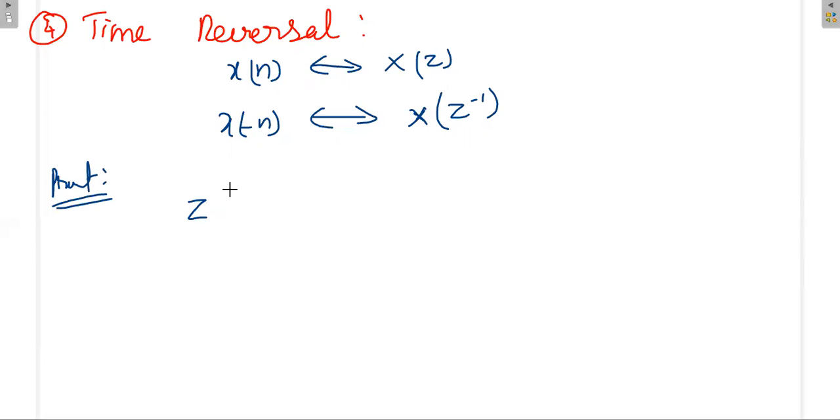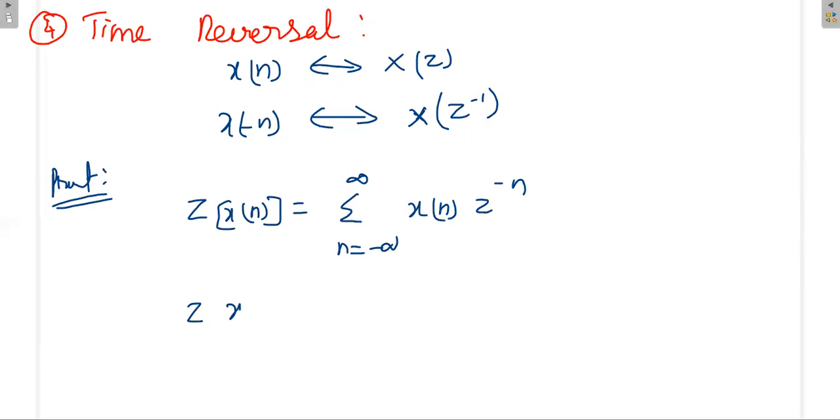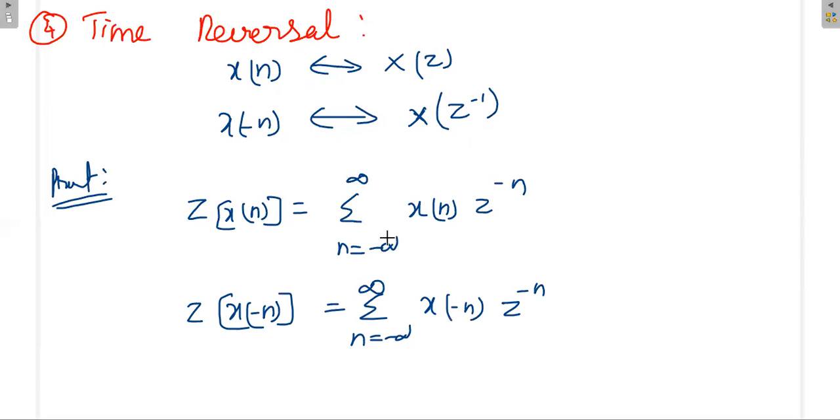The z transform of x of n is equal to summation n from minus infinity to plus infinite x of n z power minus n. Then what is the z transform of x of minus n? Summation n from minus infinity to plus infinite x of minus n z power minus n.